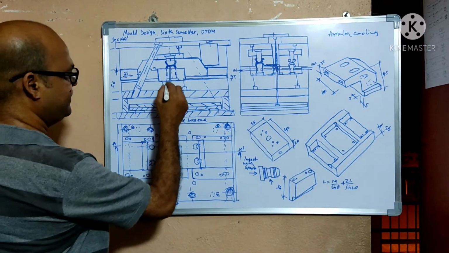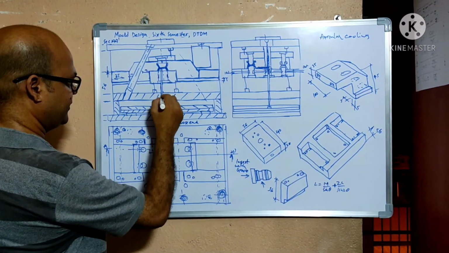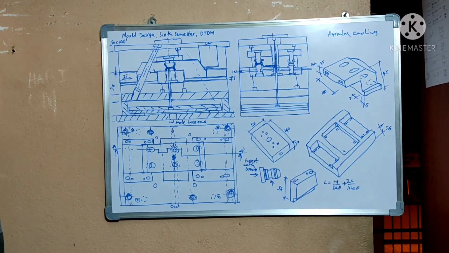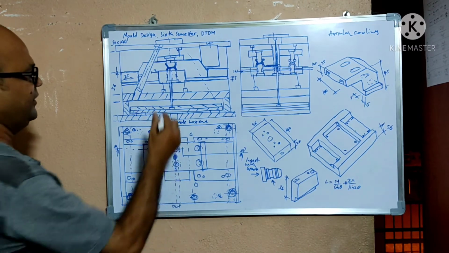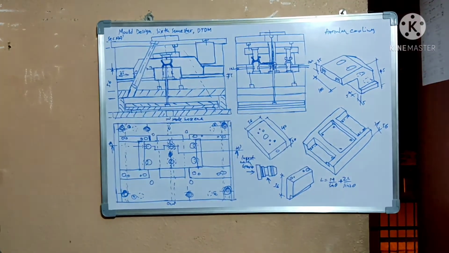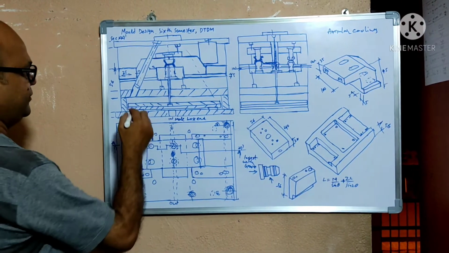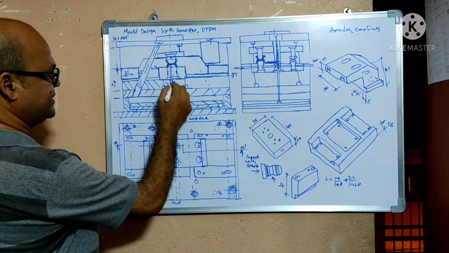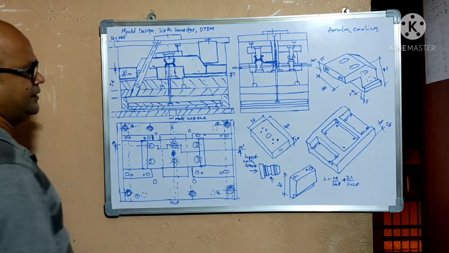In the plate, only a slide fit will be provided to a length of 10 to 15 mm in the component area. Again you have to hatch in the back plate and in the core housing plate.